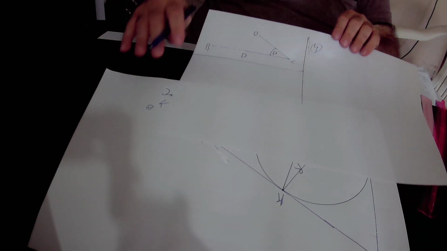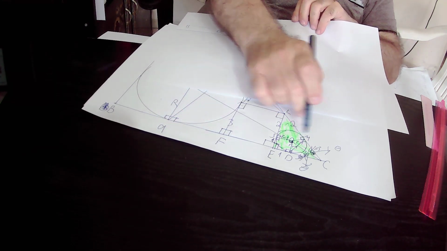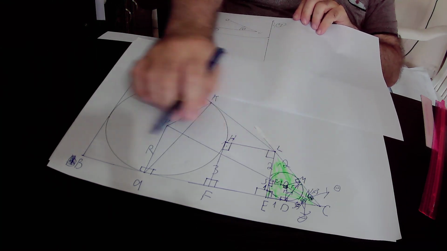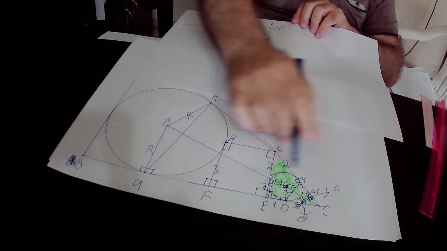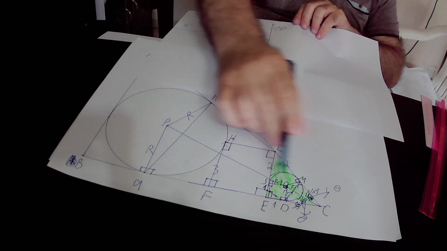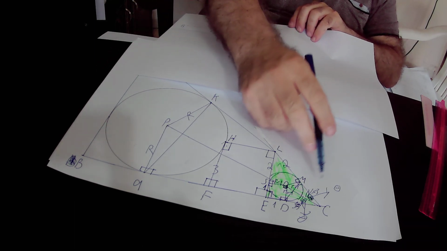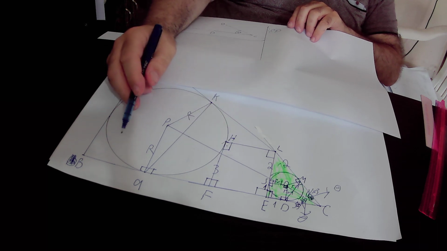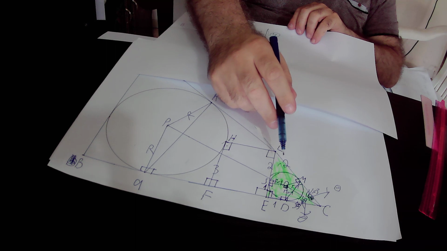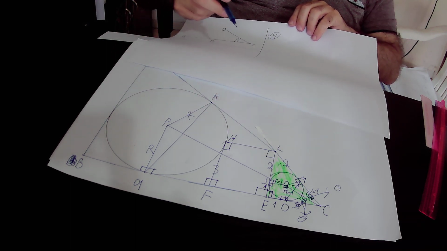And it is very easy to see from the drawing that CD is part of CB. And if CD is part of CB, it means that they are both located on the same straight line.